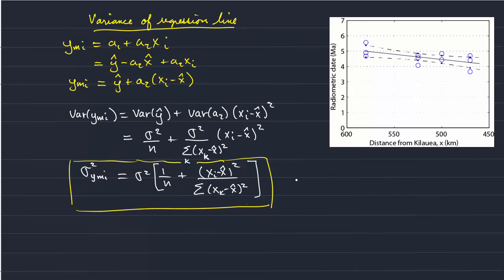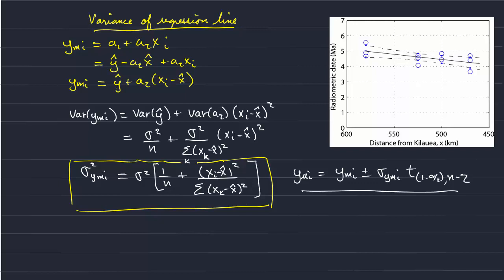And so the confidence interval on the true trend is simply the model trend plus and minus the standard deviation of the model trend times our value of t. Right? And so what you'll notice is the standard deviation, or the variance of the model trend, is a function of x, and it increases as the deviation from the mean increases.